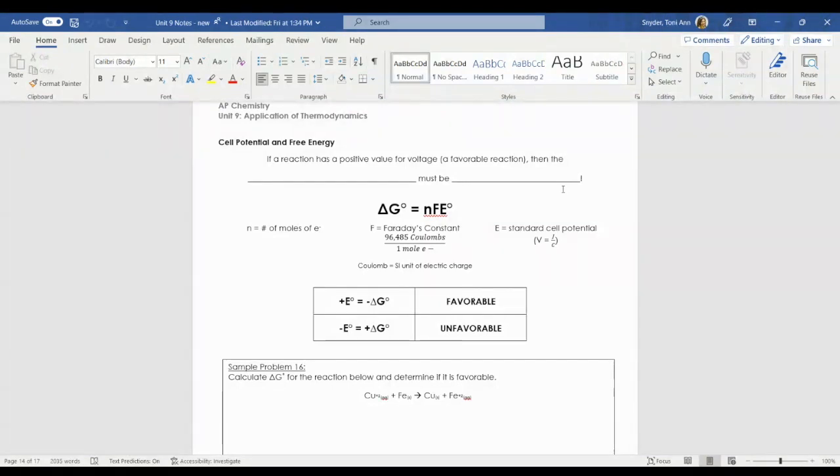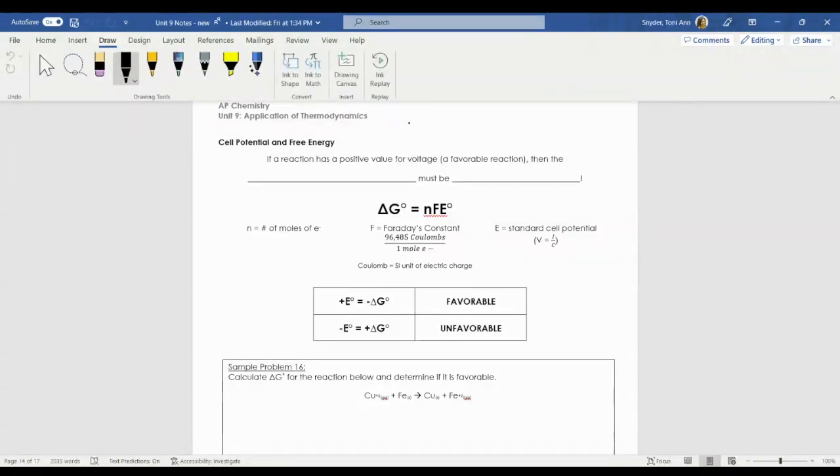Let's get started. So cell potential and free energy. We've already related free energy to the equilibrium constant, and with that equation, we looked at the fact that the delta G for a reaction is equal to negative RT ln K. So the Gibbs free energy and the equilibrium constant have a relationship.